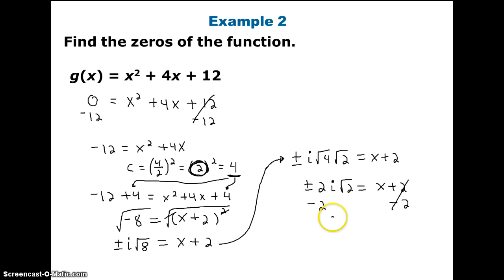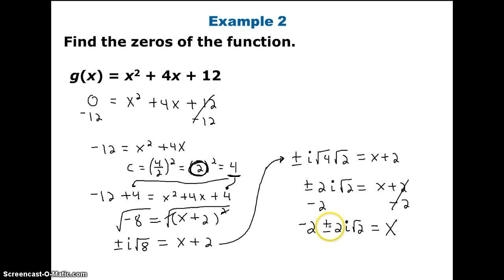So this is the real one. So I'm going to have the negative 2 here. That's the real, plus or minus the imaginary number equals x. You can have the x on the other side if you want. You don't have to, but those are the two complex solutions.